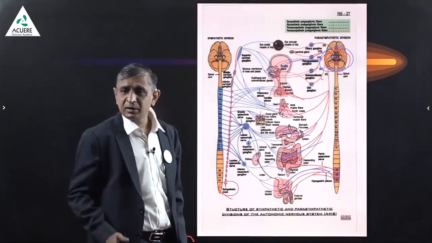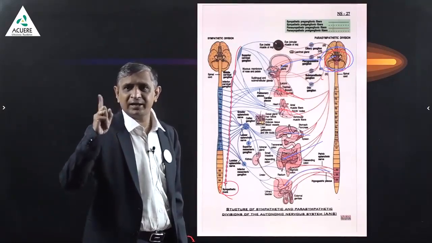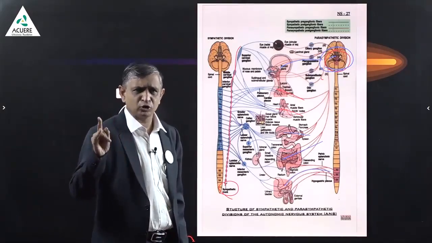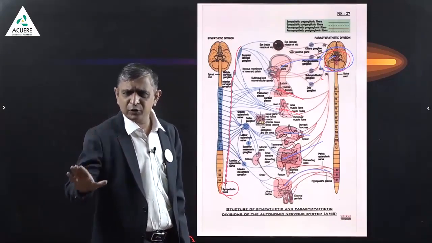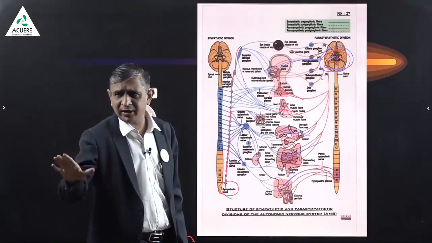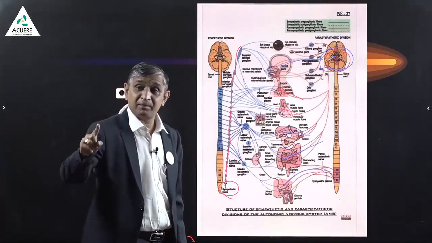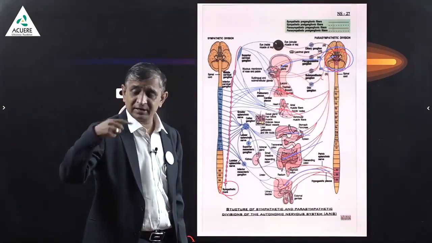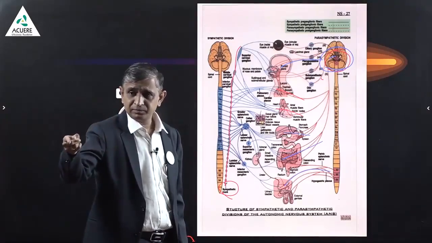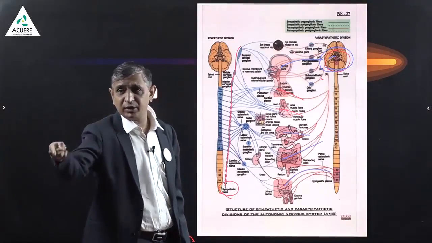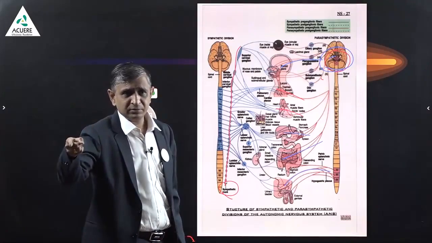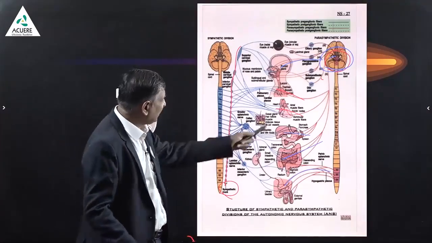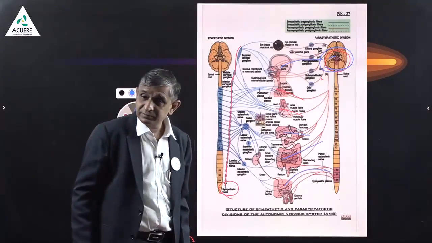Everyone is with me? Now, acetylcholine is not used as a drug, it's only a pharmacological tool. But if you use acetylcholine, it is a parasympathetic stimulant. It's a cholinergic stimulant. Parasympathetic means cholinergic. It's a parasympathetic stimulant, it's a cholinergic stimulant, and it decreases the heart rate.